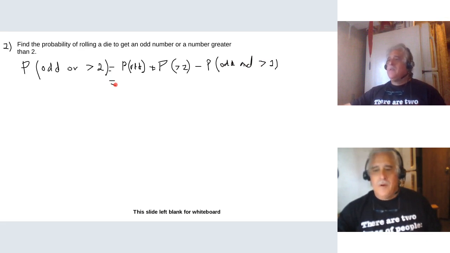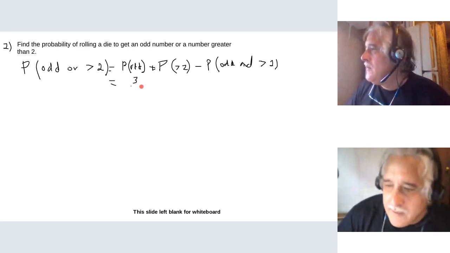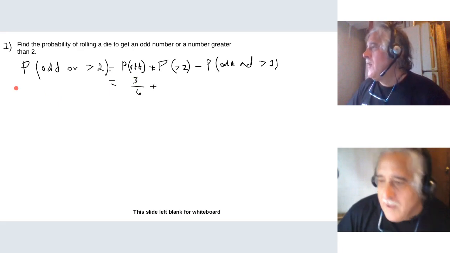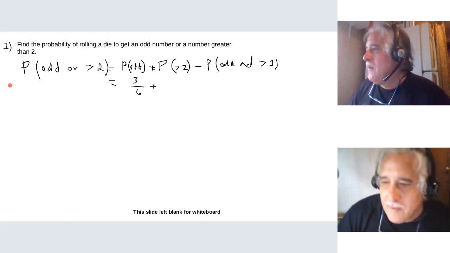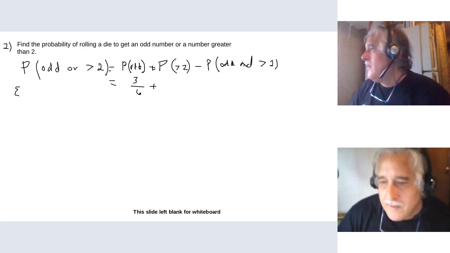All right, so on that die, how many of them are odd? Well, there's 3 out of the total 6. Now, you may have to write this out. This is the event of greater than 2, and that's supposed to be a bracket, not a 3.